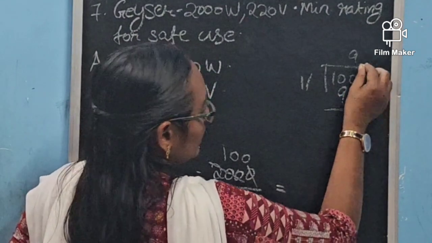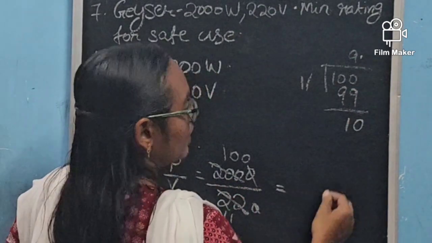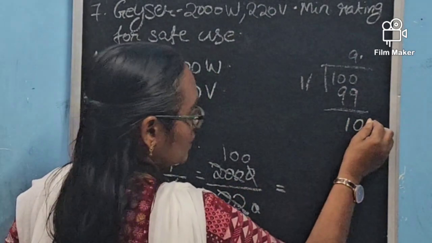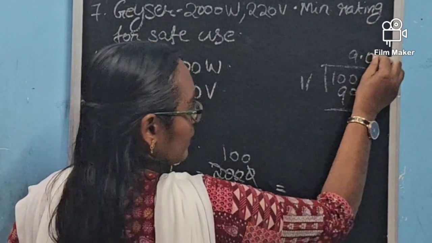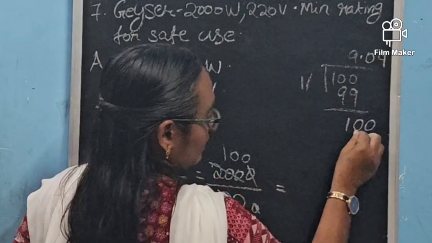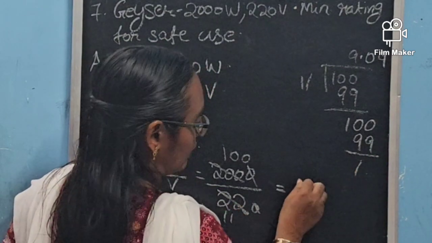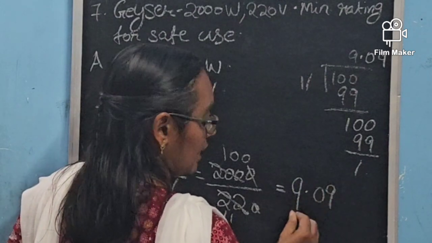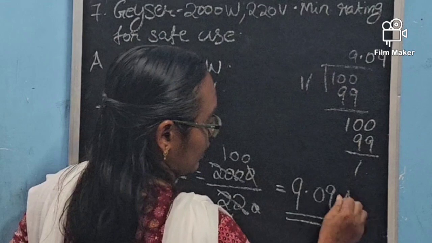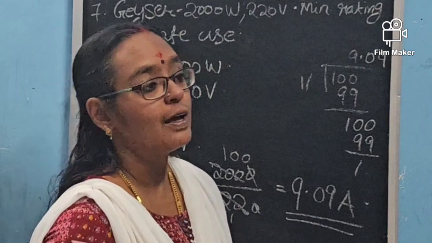Then it needs 0. Then we have to write 0 over here, and 99, 1. Like that it will go. So the value will be 9.09 like that. Okay. This is how we have to solve these kinds of problems.